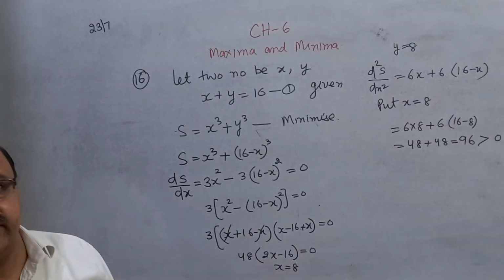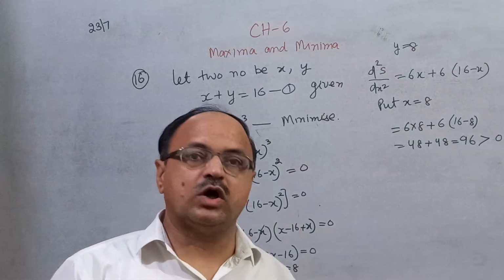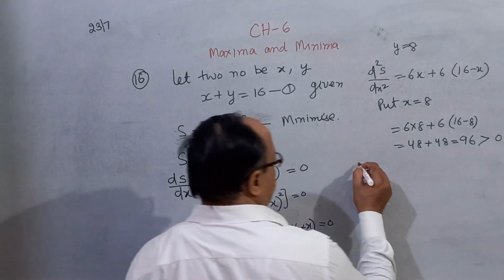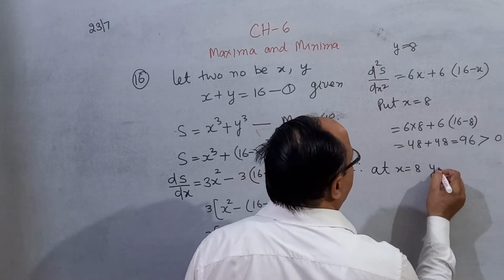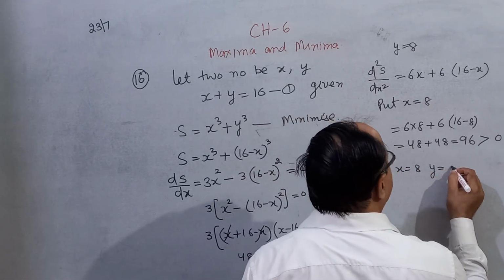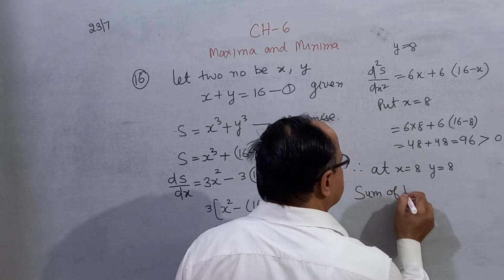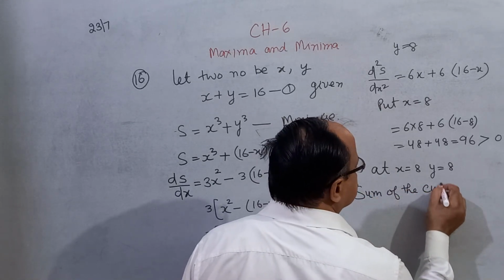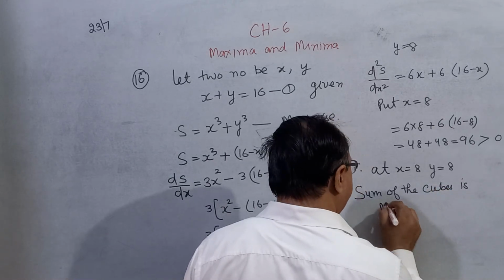If the second order derivative is greater than 0, then local minimum. Therefore at x equal to 8, y equal to 8, the sum of the cubes is minimum.